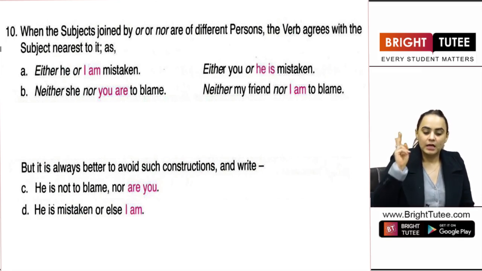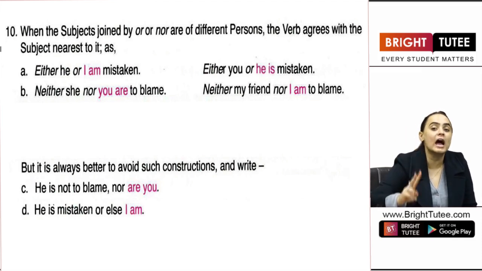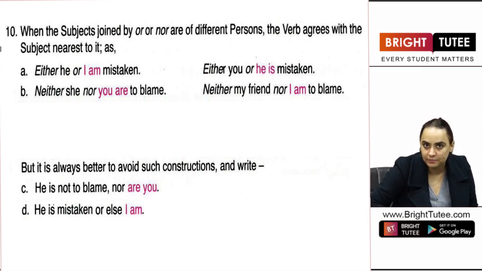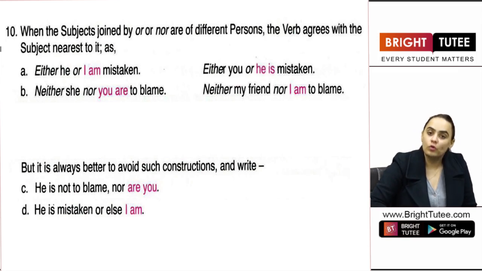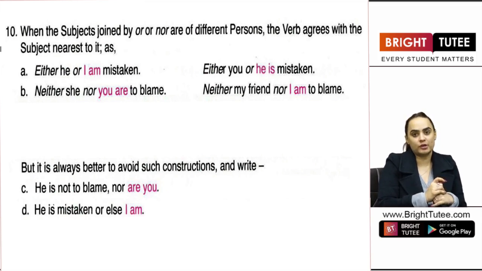The rule says that if I have two subjects or two nouns in a sentence which are joined with each other using either or, neither nor, the verb will always agree with the subject which is nearest to it.